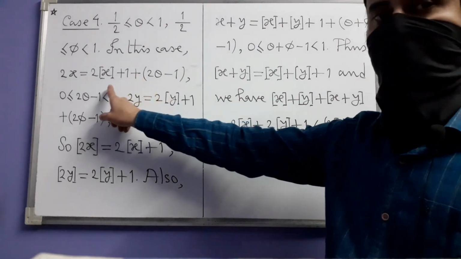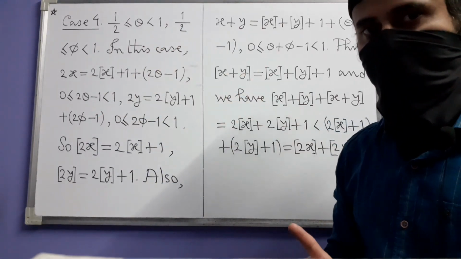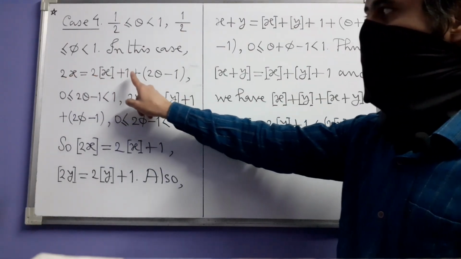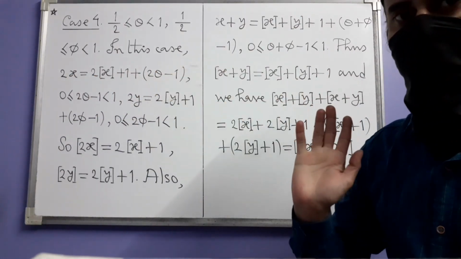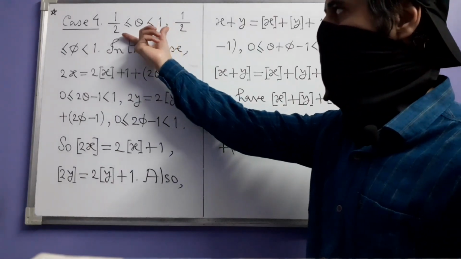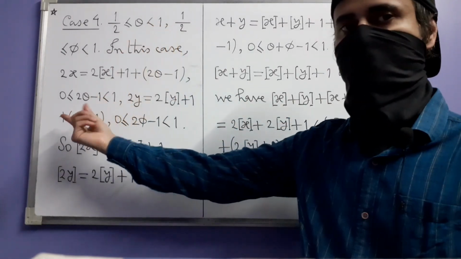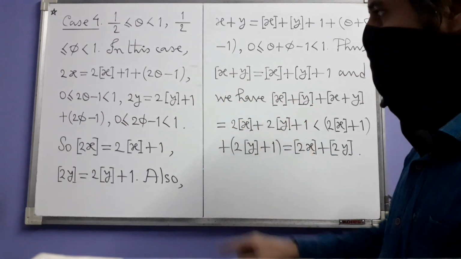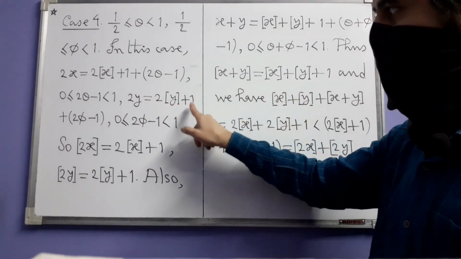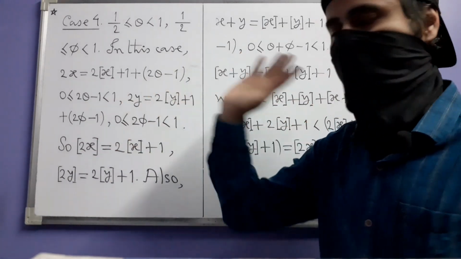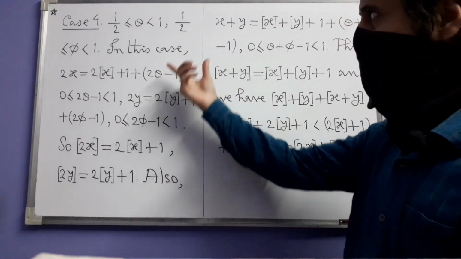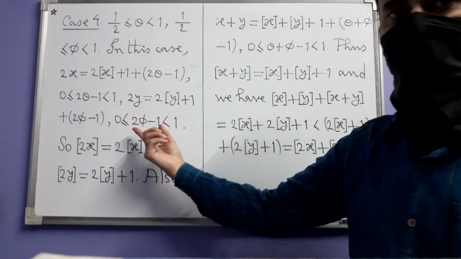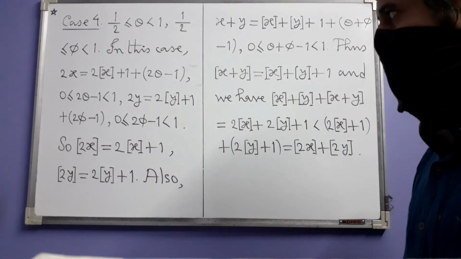Alright, so now what will happen? Now we need to change the original equations of x and y like this. 2x equals 2 box x plus 1 plus 2 theta minus 1, where from these inequalities we get this 0 less than or equal to 2 theta minus 1, which is less than 1. Similarly 2y equals 2 box y plus 1 plus 2 phi minus 1, where from these other inequalities we get this 0 is less than or equal to 2 phi minus 1, which is less than 1.